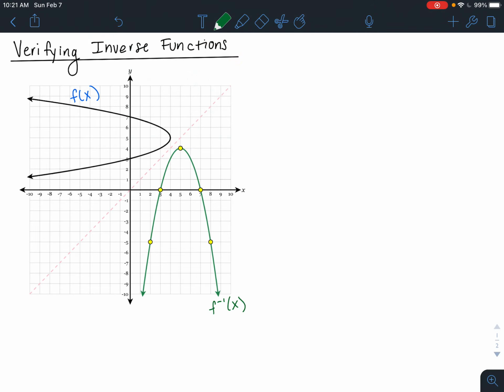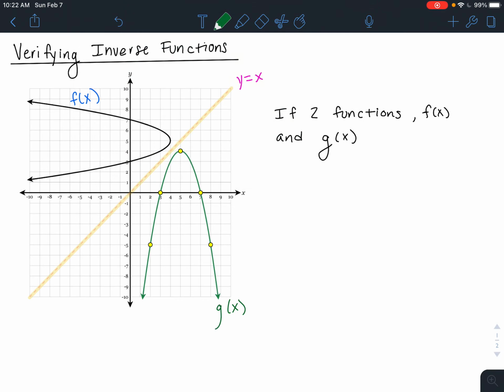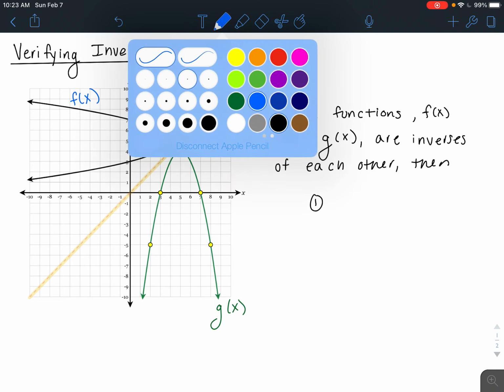we'll call them f of x and g of x. Right, so I'm actually going to relabel this one as g of x just to match the definition. Are inverses of each other, then the following two statements have to be true.